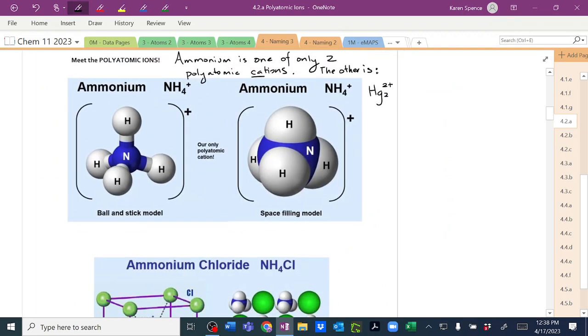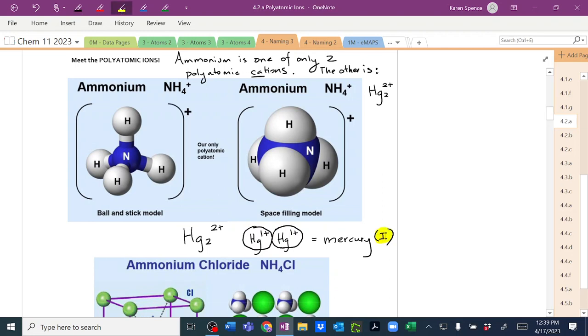Okay. So we have Hg 2+ really looks like this. We have an Hg, which is 1+, and we have another Hg stuck to it, which is also 1+. And this is known as Mercury 1.